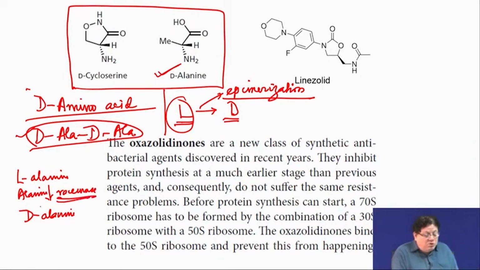We do not require this alanine racemase. So, if you can target the alanine racemase, that will be a very good target, very selective, because we do not require this enzyme.